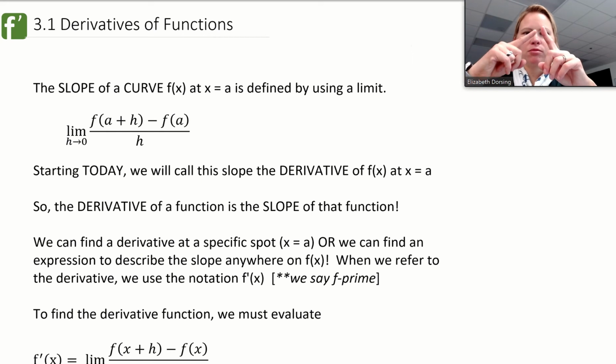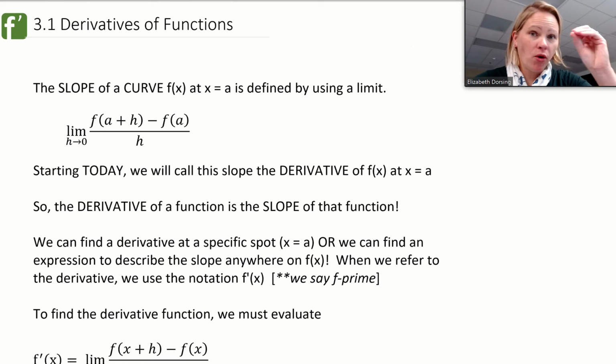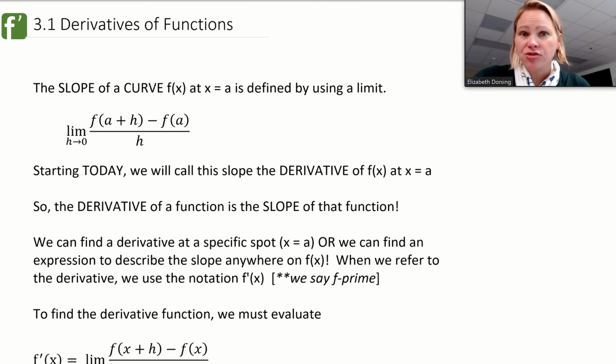And so as that point approaches, the slope between the point and this imaginary point that's getting closer and closer, the limit as h approaches 0, is the derivative at a. So we're going to call this the derivative from this point forward. And this is the definition of the derivative.